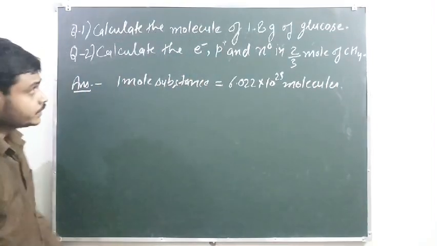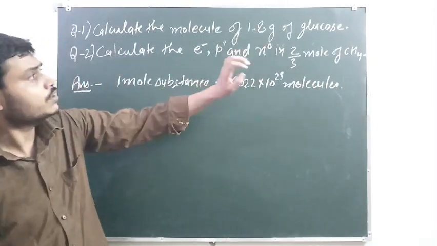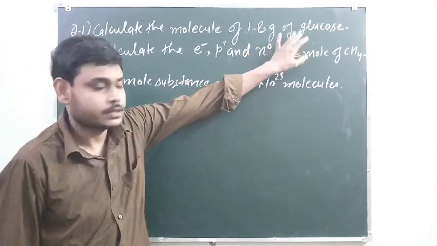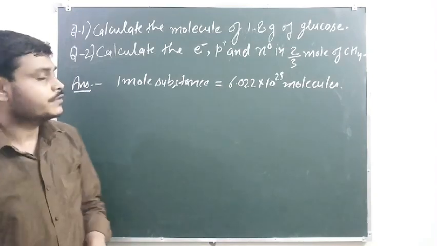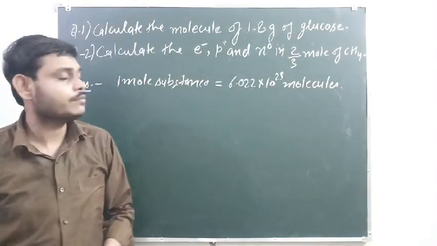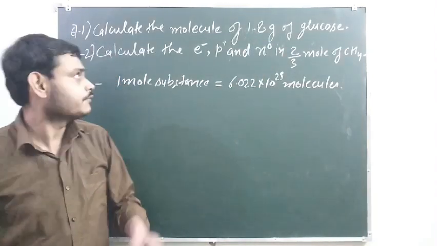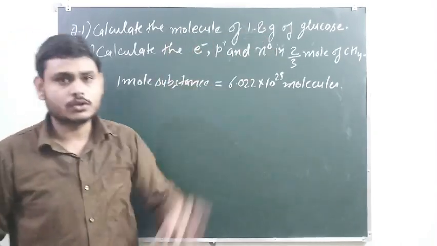Clear? In the question, the number of moles of glucose is not given. The weight of glucose is given. So firstly, we have to calculate the number of moles of glucose. Then we can calculate the molecules of glucose.